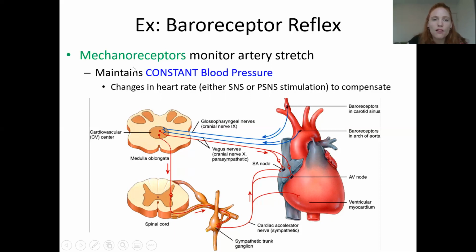So the purpose of these baroreceptors is to help maintain constant cardiac output. So really it is about homeostasis, which is staying at a very consistent internal environment despite changes in the external environment. Okay, so this is just an example of an interoceptor because you're monitoring what's happening inside of the body.